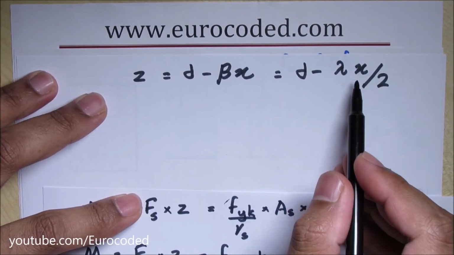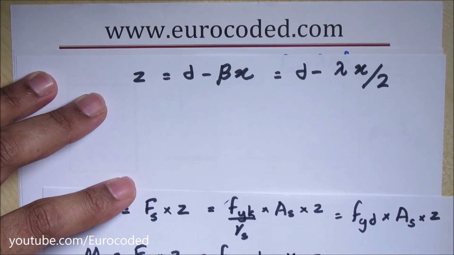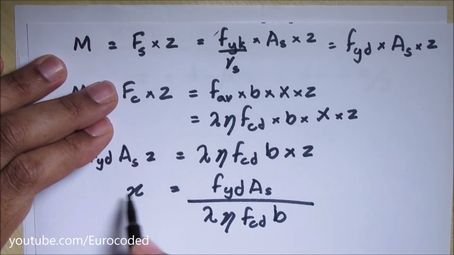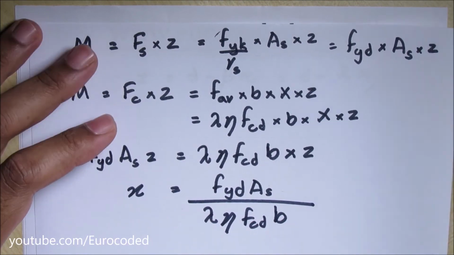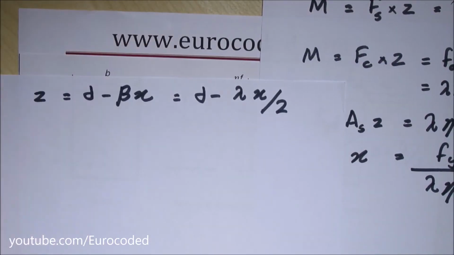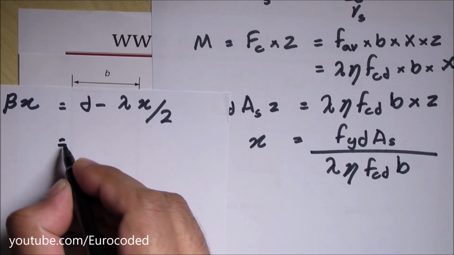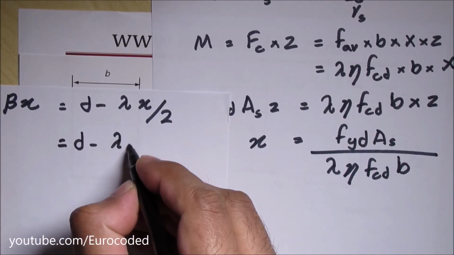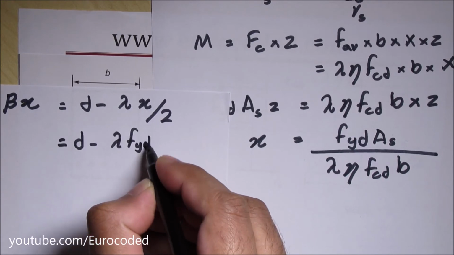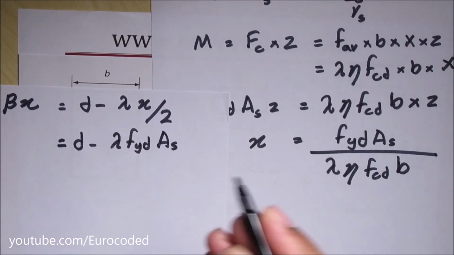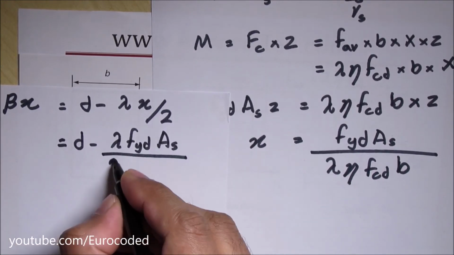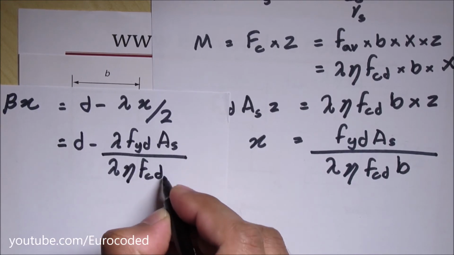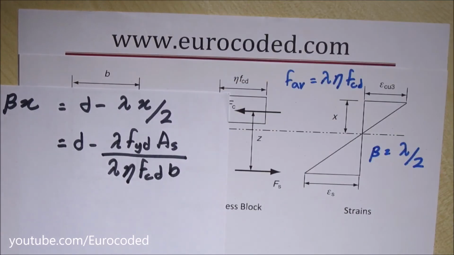Then what we can do is replace this x with a previously derived expression, which is this. We can write this is equal to D minus lambda fyd times As over lambda eta fcd times b.